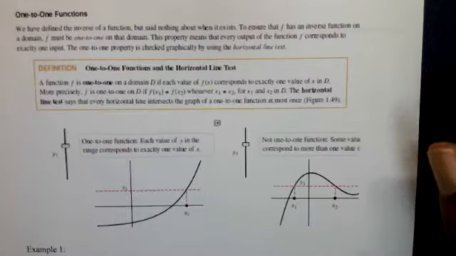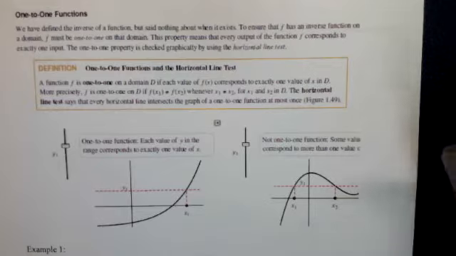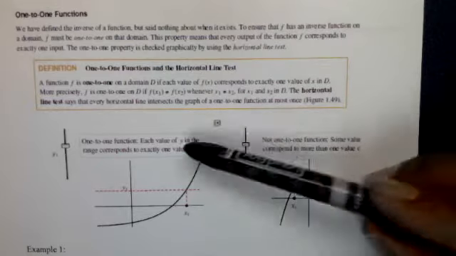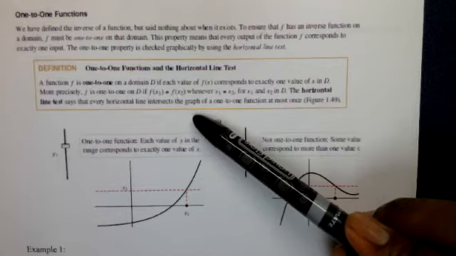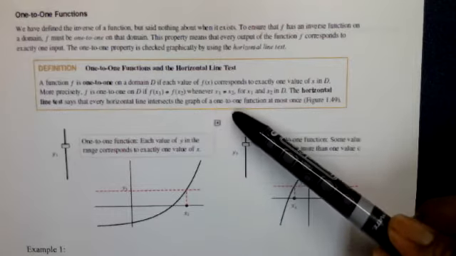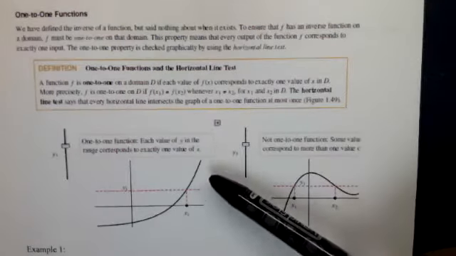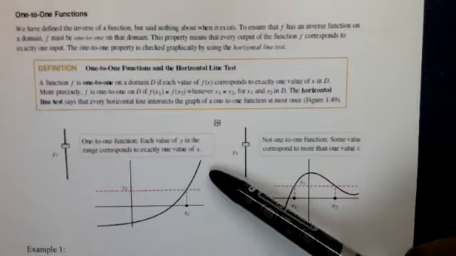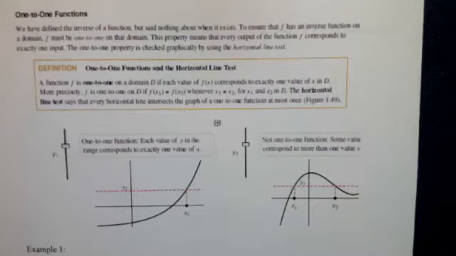Well, precisely, f is one-to-one on D if f of x1 does not equal f of x2 whenever x1 does not equal x2 for x1 and x2 in D. Or more explicitly, you cannot have two different x values going to the same y value.